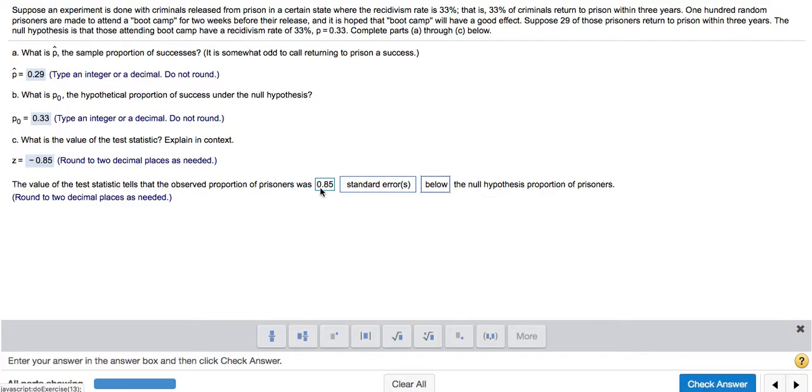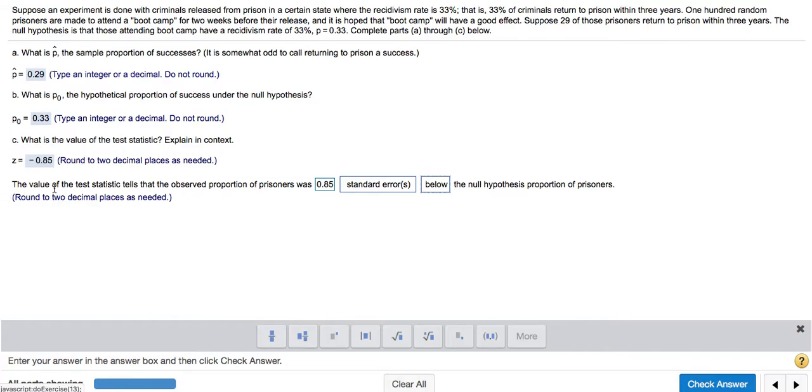The reason that I left this as positive 0.85 is because the language below is implying the negative. So this is the absolute value of this number, and then this language tells you we're to the left instead of the right.